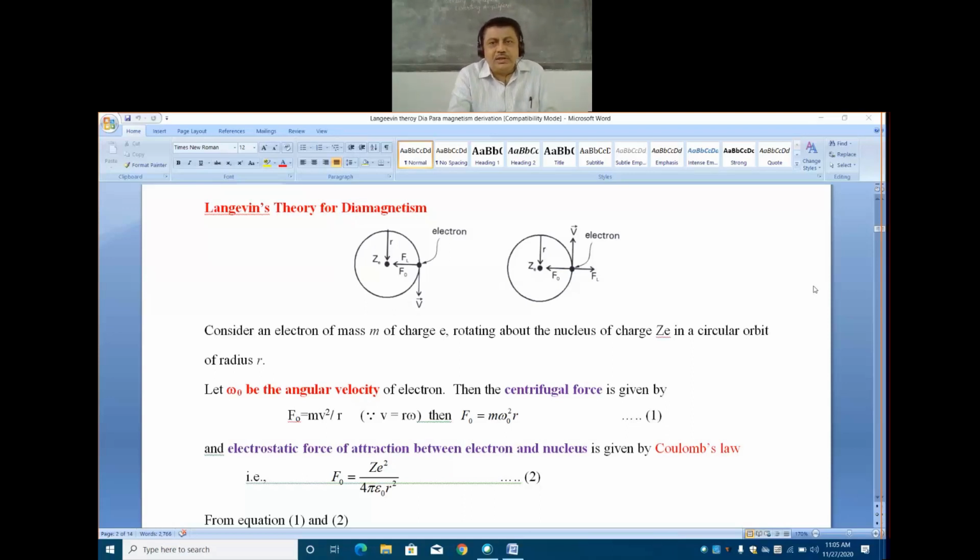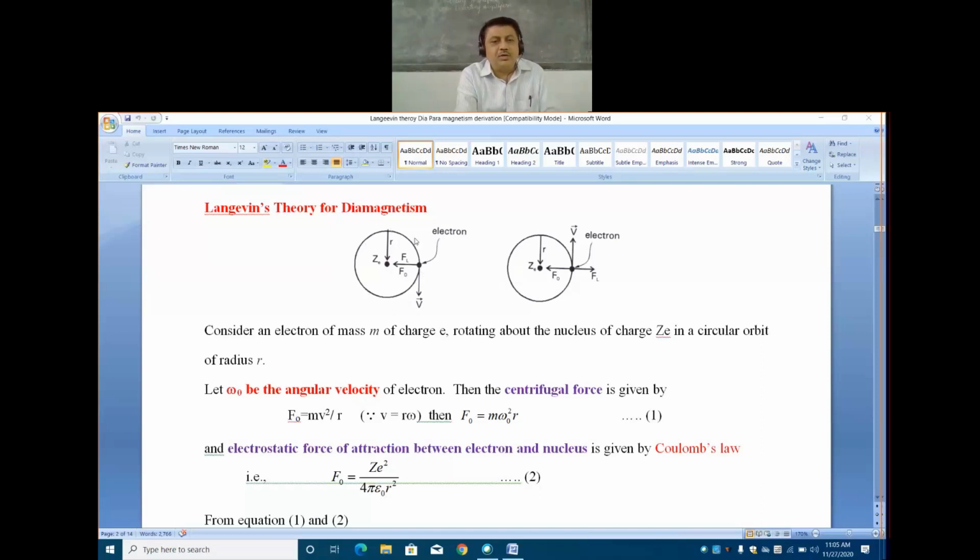So it is basically an atom in which a nucleus, you can look at the diagram, an atom with the nucleus at the center, and an electron revolving in a circular orbit.